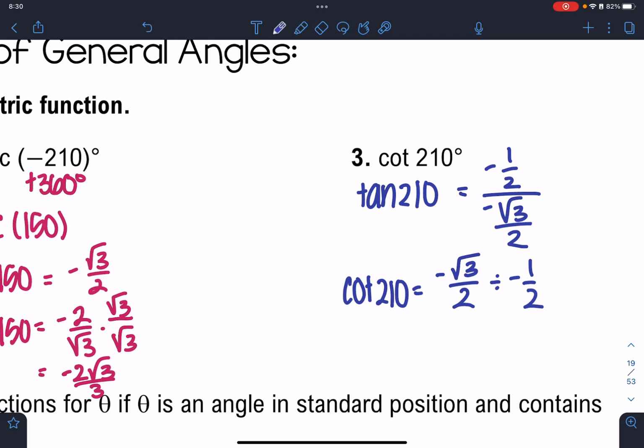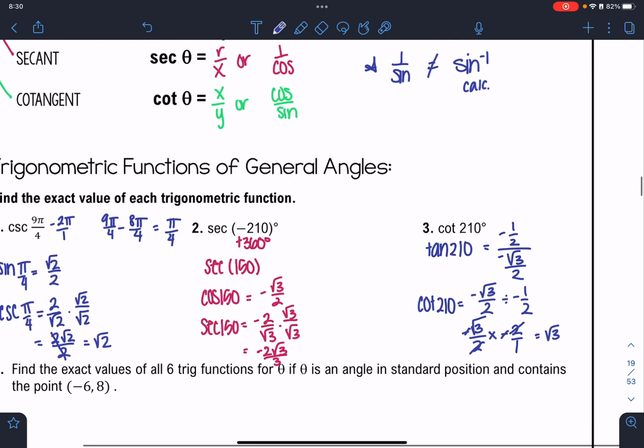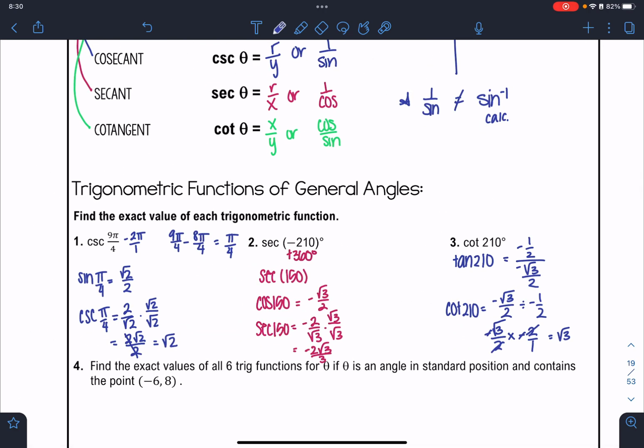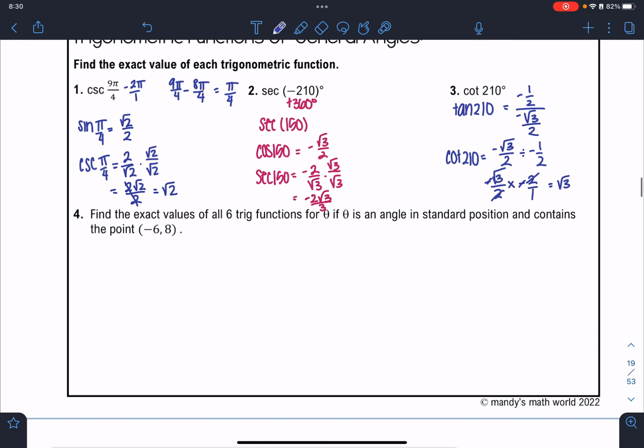So that's why I did negative root 3 over 2 divided by negative 1/2. And so then we can simplify. So this is the same thing as multiplying by the reciprocal. And so when I do that, my negatives cancel, my 2's cancel, and I'm left with just root 3 over 1 or root 3. Nothing to rationalize there. All right, so same thing as what we just did. You're now just doing reciprocals, and you will eventually want to learn those phrases.